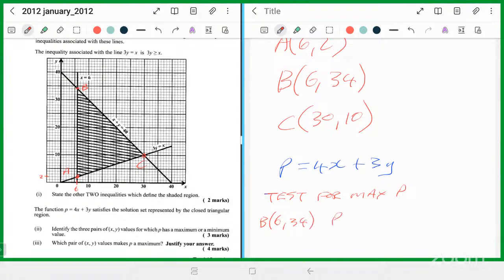The P at B would be equal to 4 times 6 plus 3 times the y value, 34.